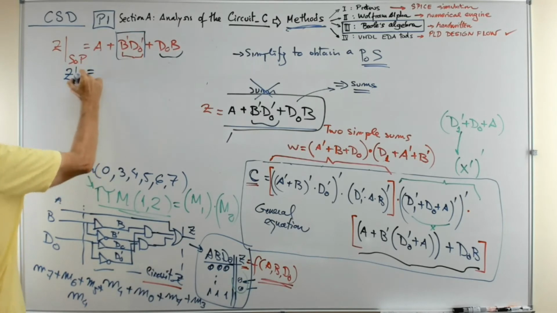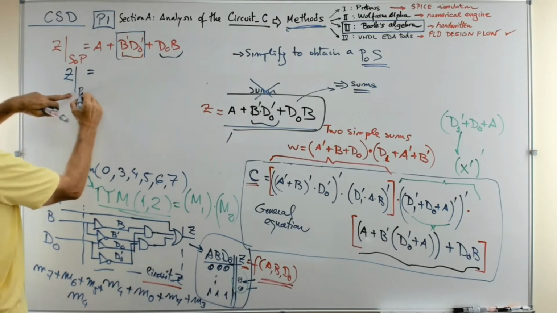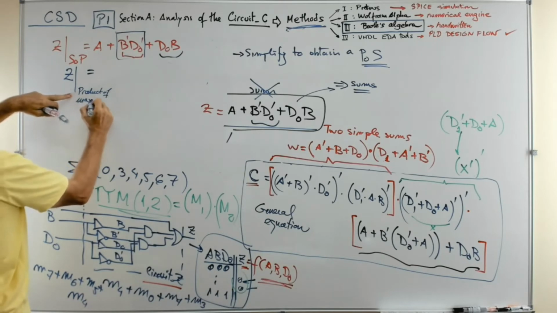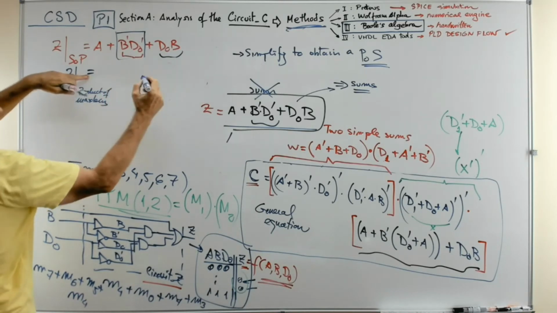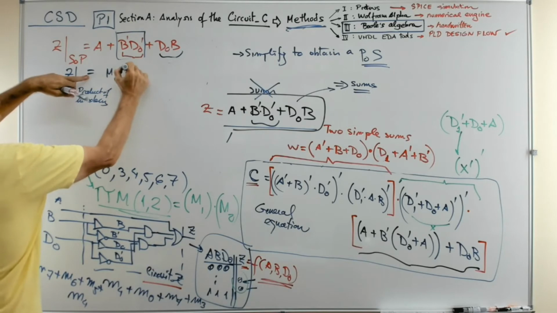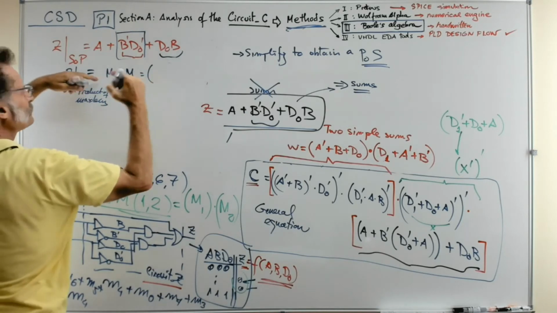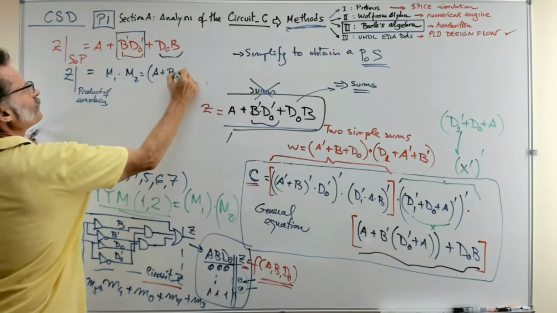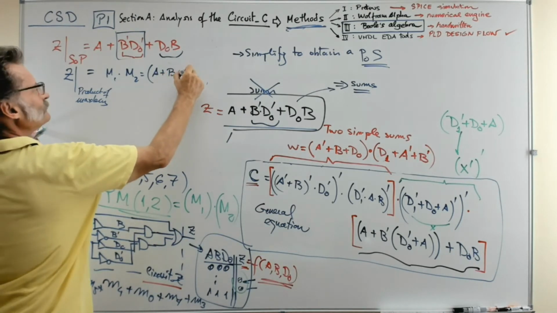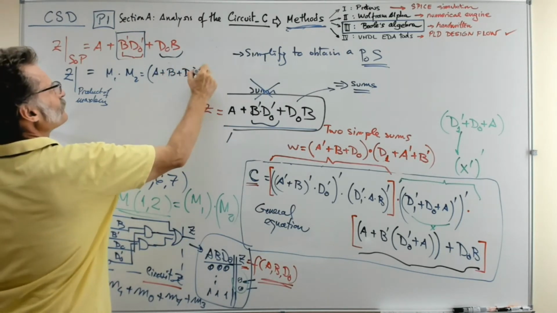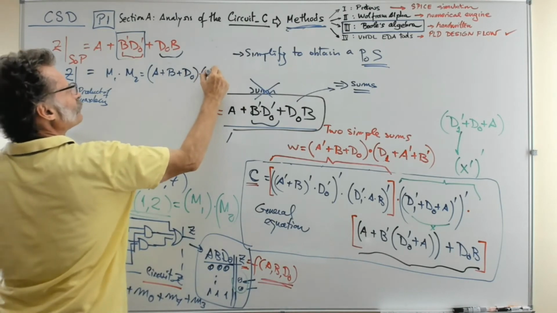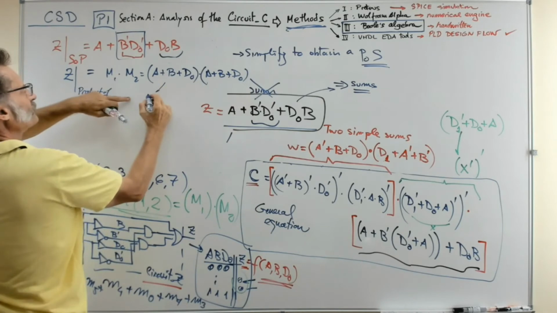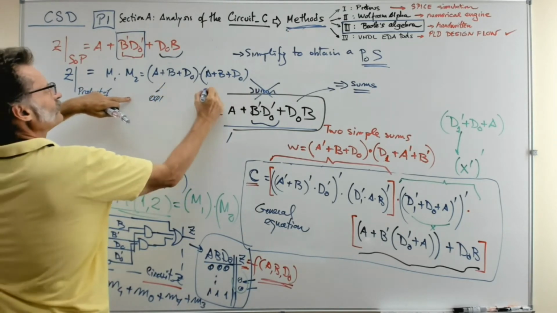Now you see a product of maxterms is like this, the maxterm 1 and the maxterm 2, which means, considering the order, A or B or D0, and A or B or D0, and now take care of the index, so 0, 0, 1 and 0, 1, 0.